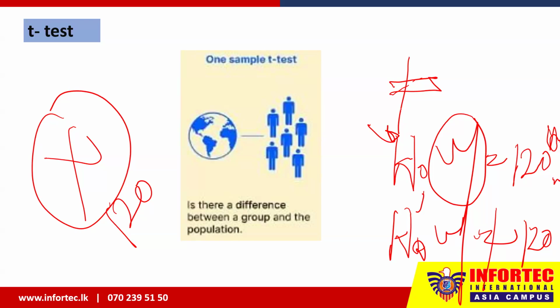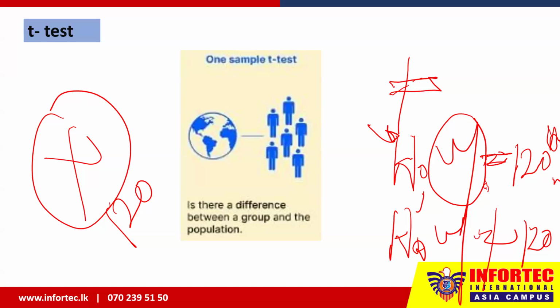This one is equal, no difference. Unequal means there is a difference. So that's the way of constructing the null and alternative hypothesis related to the one sample t-test.